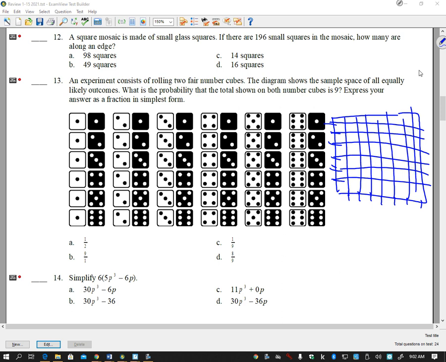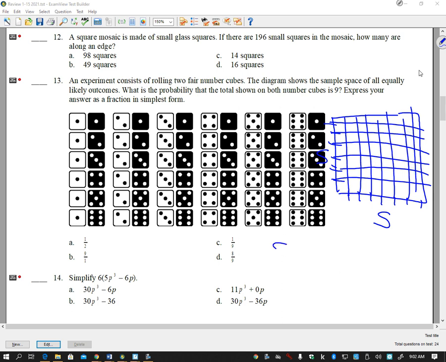What do we know about the sides of a square? It has four sides, yes, but so does a rectangle, so does a rhombus, so does a trapezoid, so does a kite. They're equal. So however many there are on this side, there's the same number on this side, correct? How many squares do we know fill the entire block? 196.